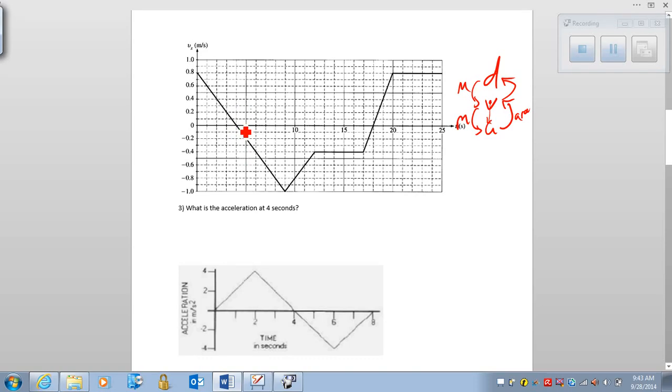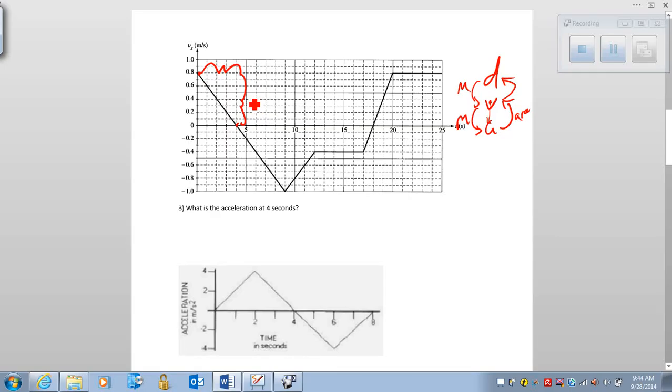So 4 seconds is right here. So we have 1 point that is x equal to 4, y equal to 0, and then we have another point up here at 0.8. So the rise over the run, and you should draw this out on your notebook paper when you are doing this so you don't get confused.